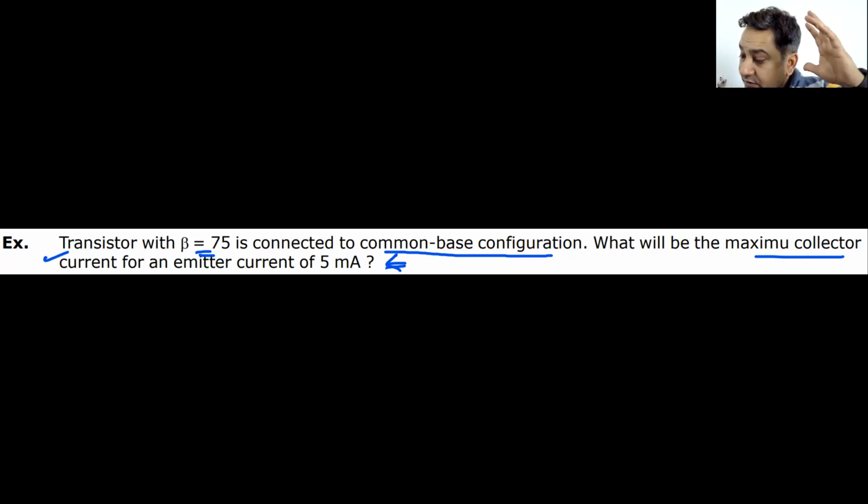Can you tell me what is the collector current? Your time starts now. This is probably the most difficult question that you will get in your exam. If you can solve this question, that means you can solve all the questions that can come to you. A minute to win it.